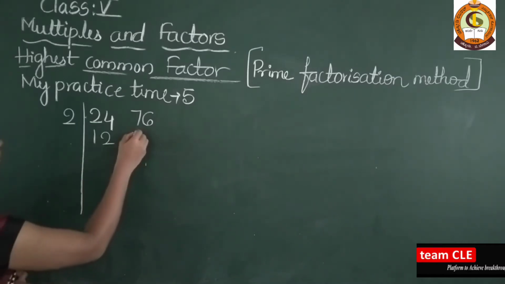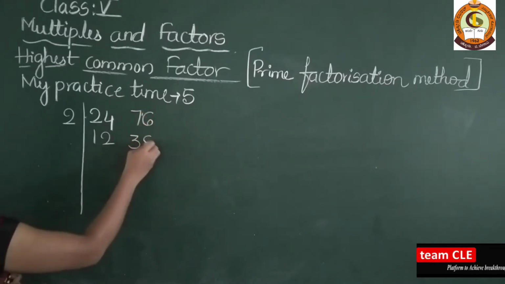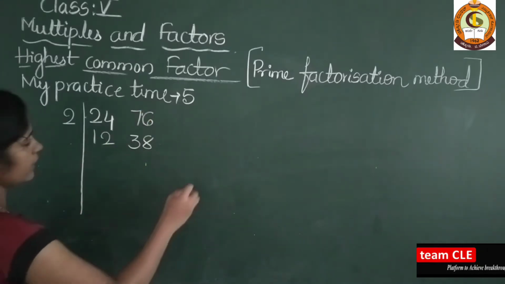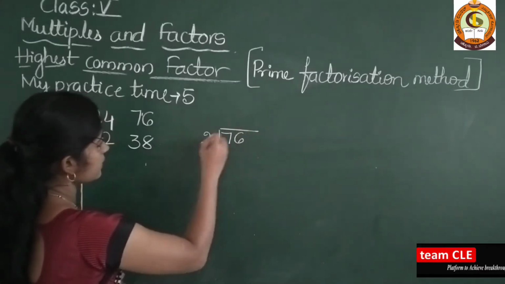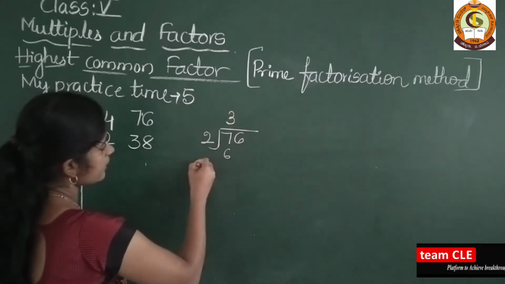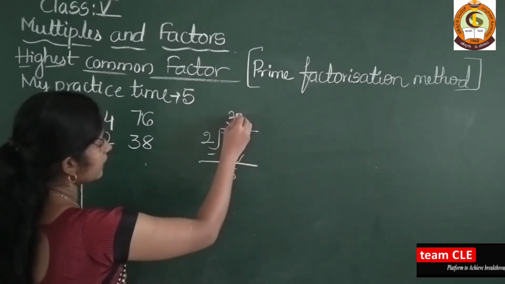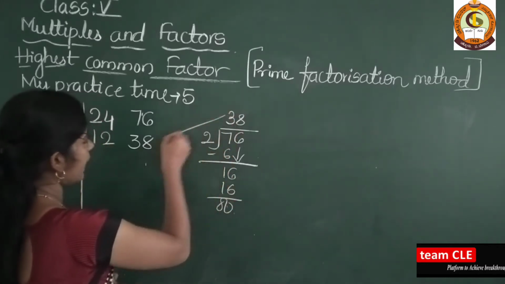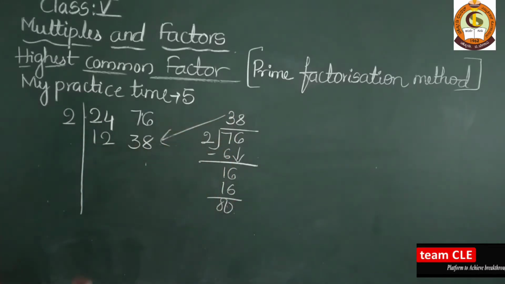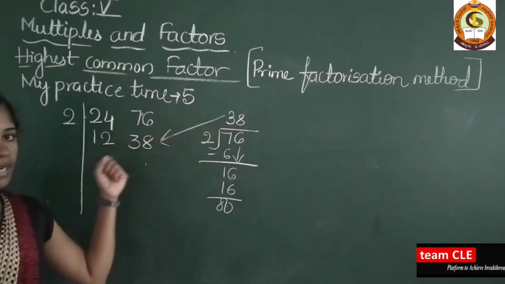Next, 2 threes are 6, 7 minus 6 is 1, and you take 6 down. Again 2 eights are 16. If you do not understand this, then divide the number separately and write the quotient here.